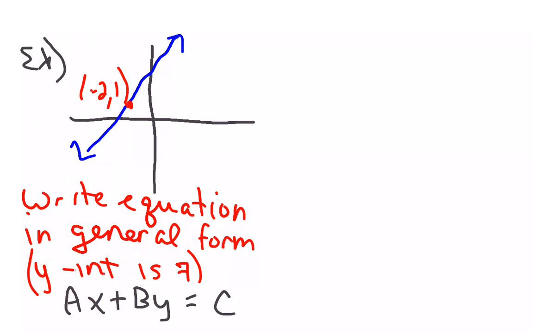We know our y-intercept is at 7, so if we were to put this in slope-intercept form, our b is 7. But we need to figure out our slope.